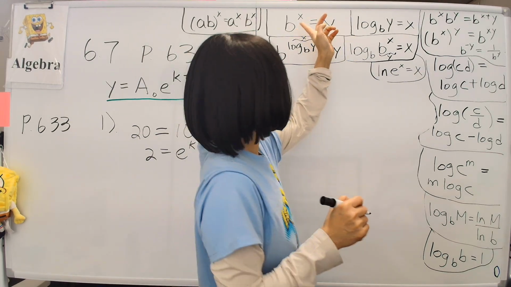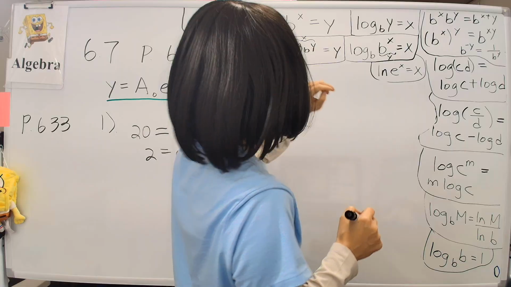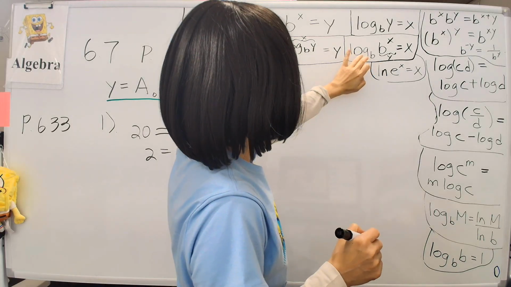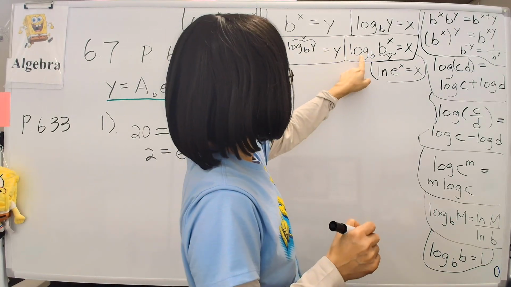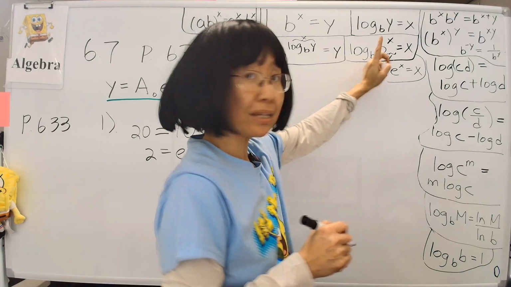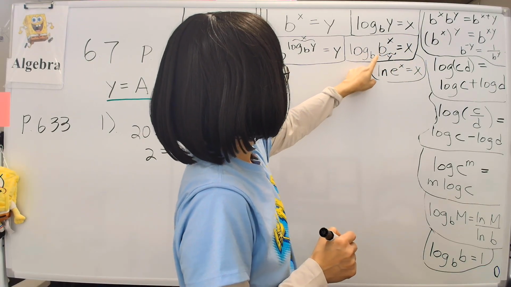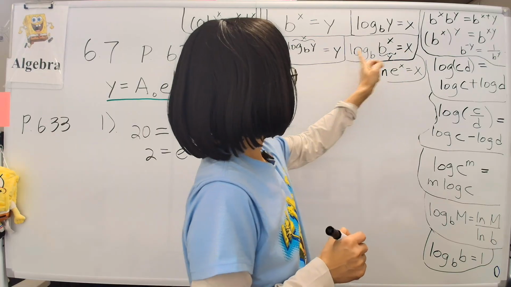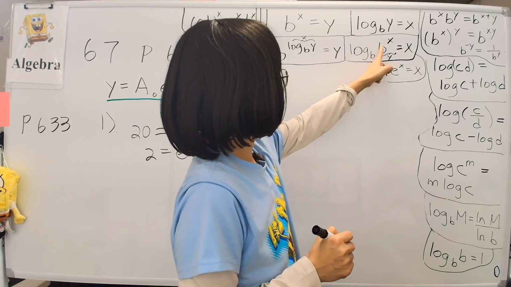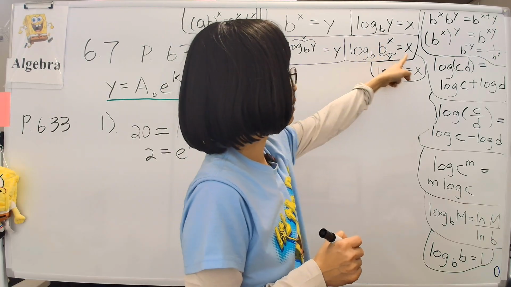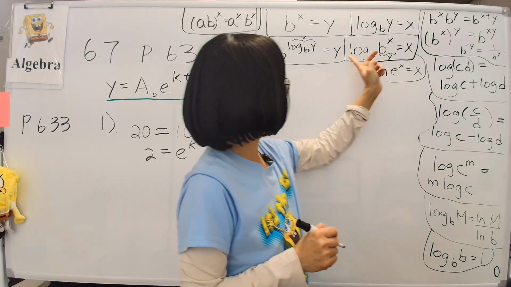If you take the natural log, the base B is E now, right? So log base E of E to the power X, log and base cancel each other, so you have only X left. So that is the formula we're following.